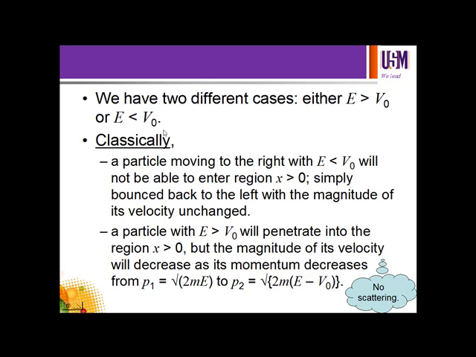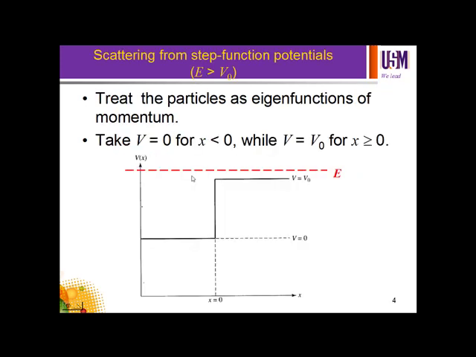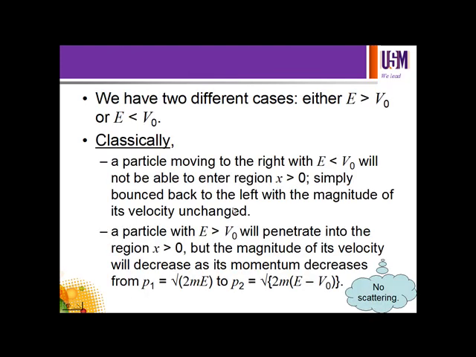However, before that, let us look classically in classical physics what that means. If you have this situation where E is greater than V naught, what does that mean? Classically, a particle moving to the right with E less than V naught will not be able to enter region x greater than 0.